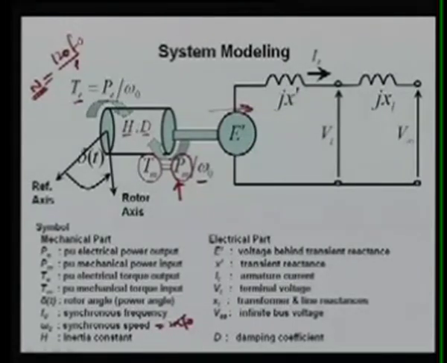At balance, Te must be equal to Tm, or we can say Pe will be equal to Pm. Means electrical power equals mechanical power, and then it is called steady state.